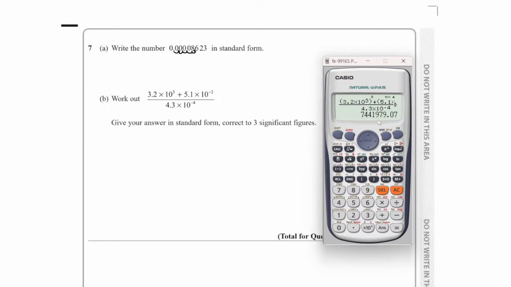So we've got this number. I would write the whole of that down just to get the method marks as well. So 7,000, what was that? How many have we got? 7,441,979.